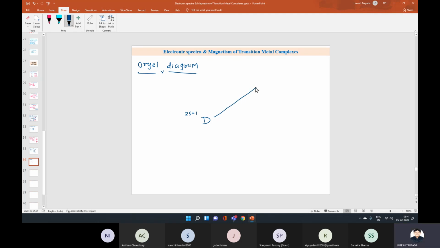So this is split into 2S+1 Eg and 2S+1 T2g, or it may be 2S+1 T2 or 2S+1 Eg. This is the energy.